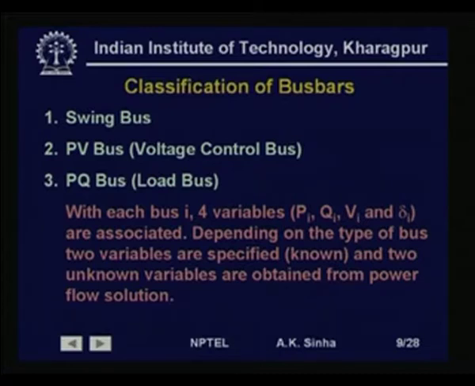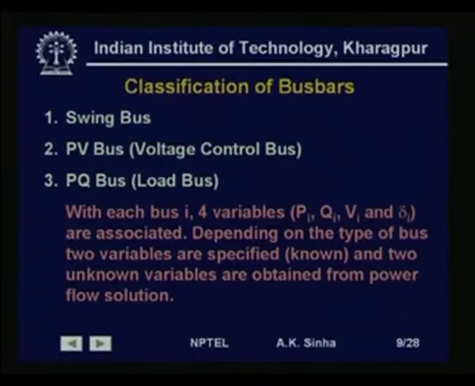Since this bus is a reference bus, the angle that we specify is normally 0 degrees, and since it is a generating bus which has its own voltage regulator, the voltage magnitude is fixed and we specify it at this bus. So, the swing bus has voltage magnitude and angle specified, whereas at other generator buses we can control the real power.